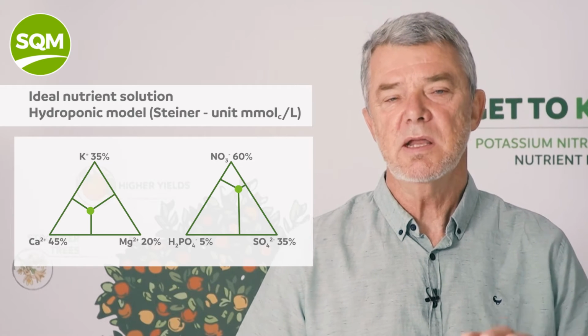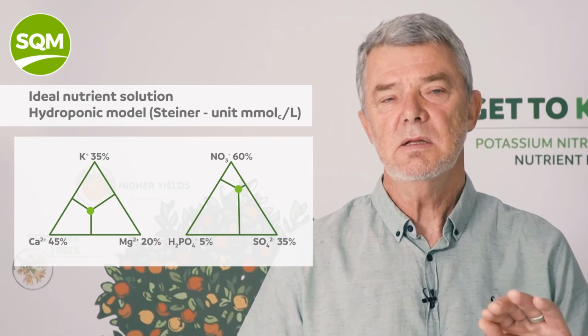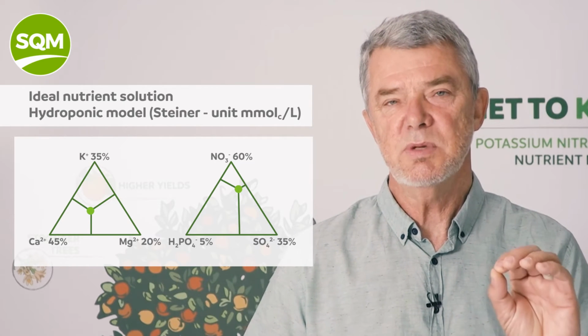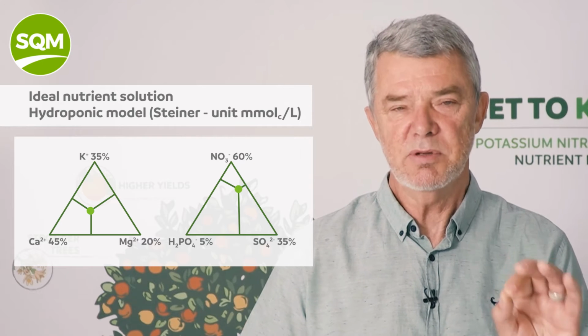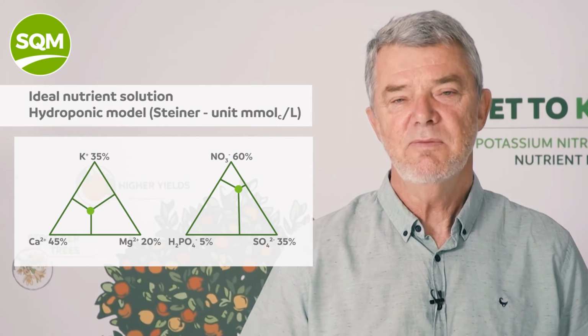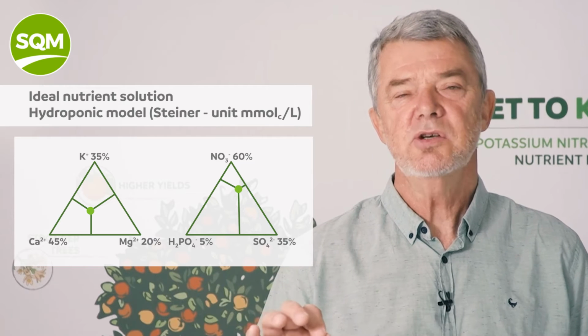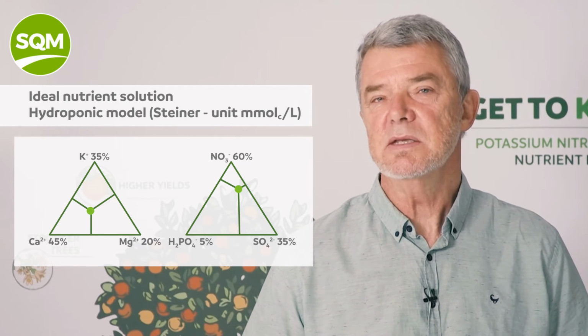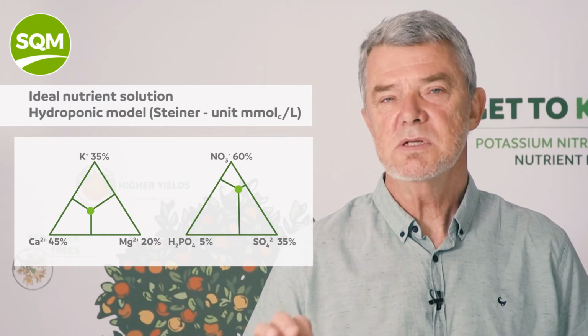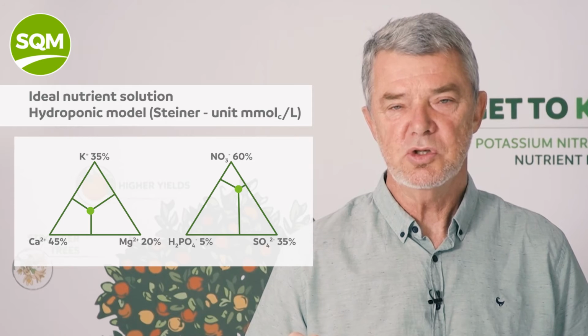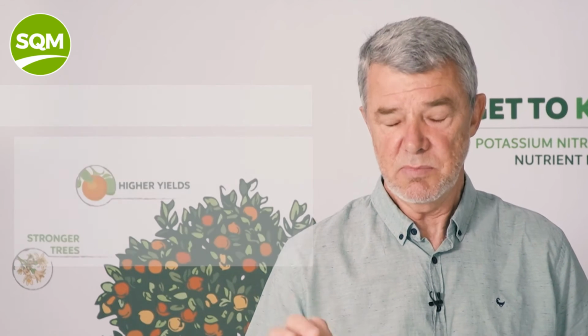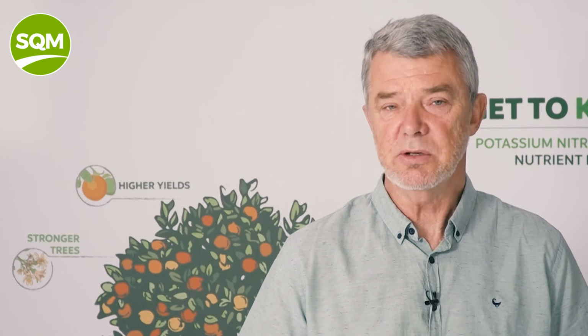And according to Steiner, for an ideal nutrient solution, there needs to be a certain balance between those cations. If you look at the graph on the right, you have your anions, the nitrate, the phosphate, and the sulfate. And also for an ideal nutrient solution, you need to have a balance between your anions, or a correct ratio.